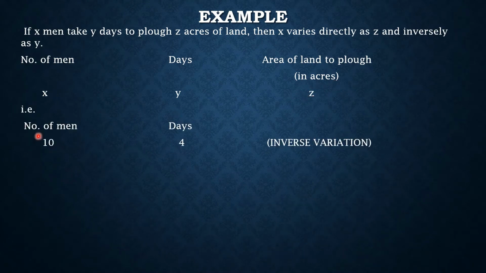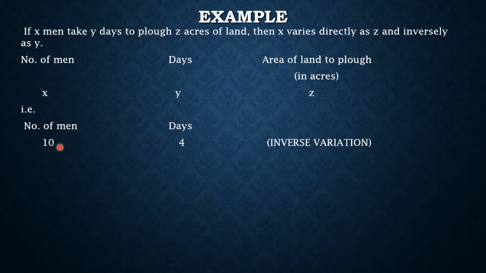Now we will give some values to these X, Y and Z. That is number of men equal to 10 and days equal to 4. So students, look that if we increase the number of men, the number of days will decrease. As if we apply more men, then they will complete their task in less number of days.